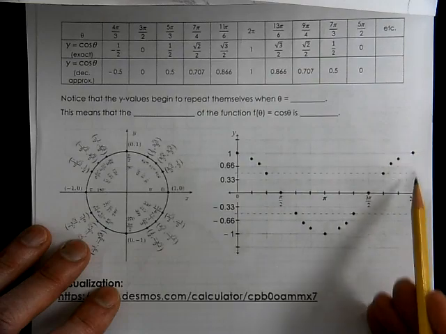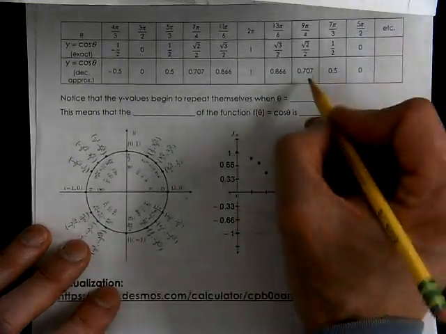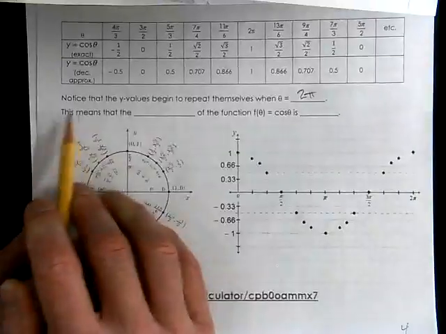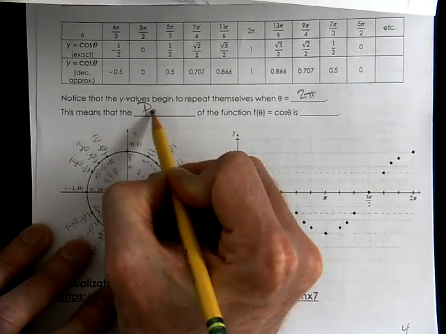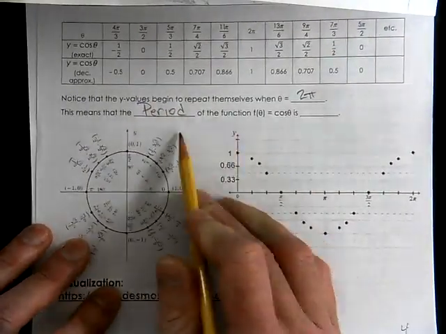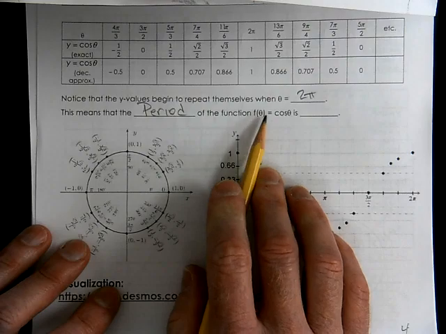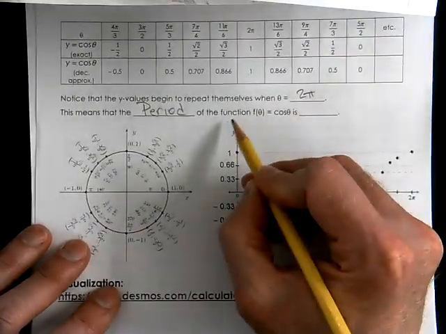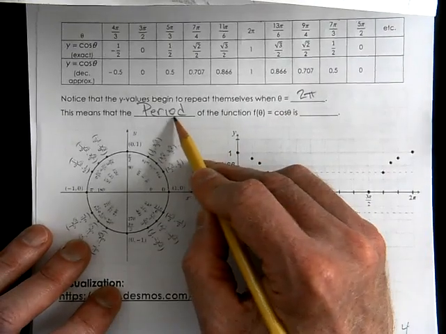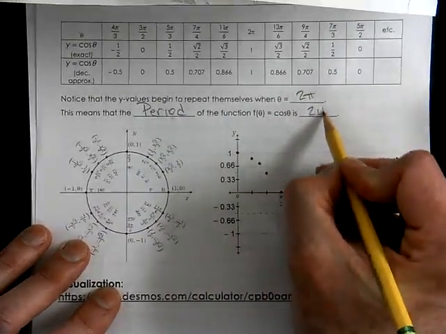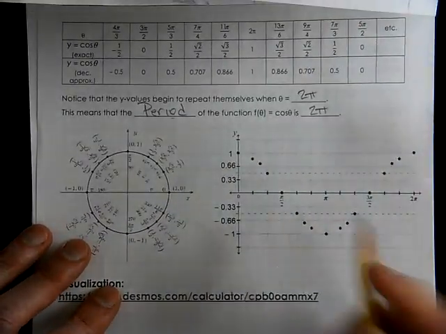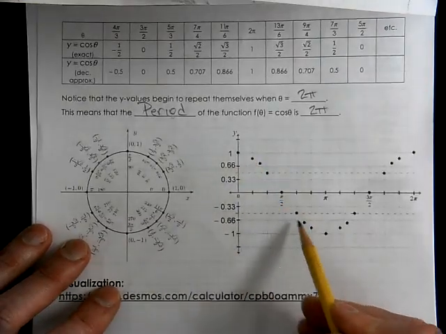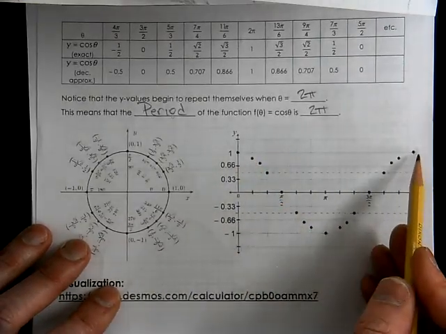They repeat themselves when theta is 2 pi. So that tells us that the period of the function f of theta equals cosine theta, the period of that is 2 pi, because that's how long it takes it to repeat itself.